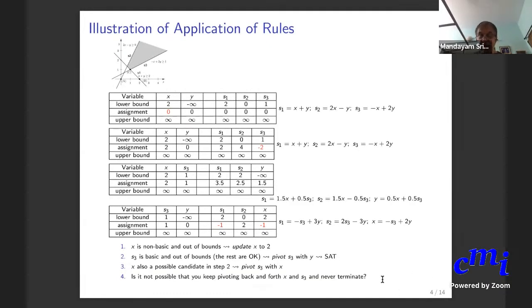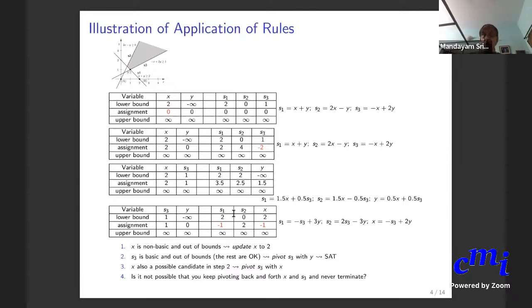The reason this is not possible is that after you flip S3 with X, the variable that moves from basic to non-basic, S3 in this case, is always set to either its lower bound or upper bound. And X is adjusted in such a way that it helps move S3 to the lower or upper bound.